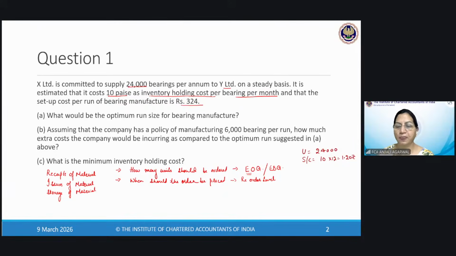So the cost of storing 1 unit for 1 year is 1.20. And what's the placing and ordering cost? It is mentioned here, or the setup cost in EBQ, which is equivalent to 324 rupees. So you have all three pieces of information, just put them into the formula. 2 into 24,000 into the placing cost 324, divided by 1.2, under the root.